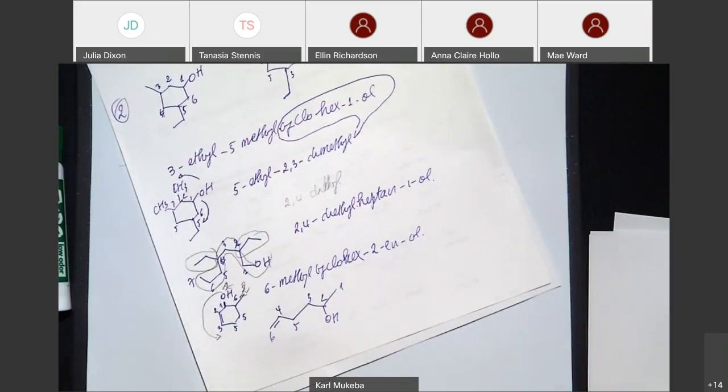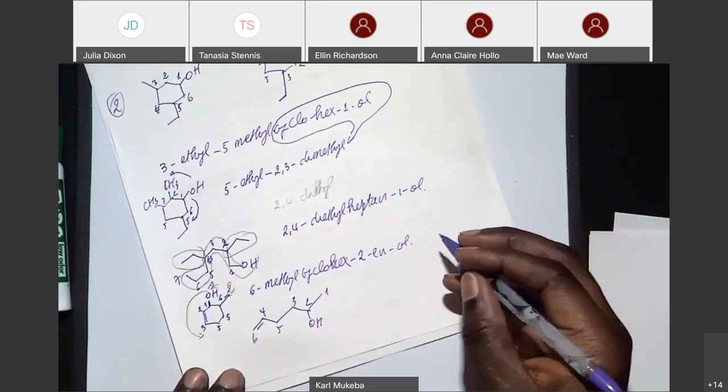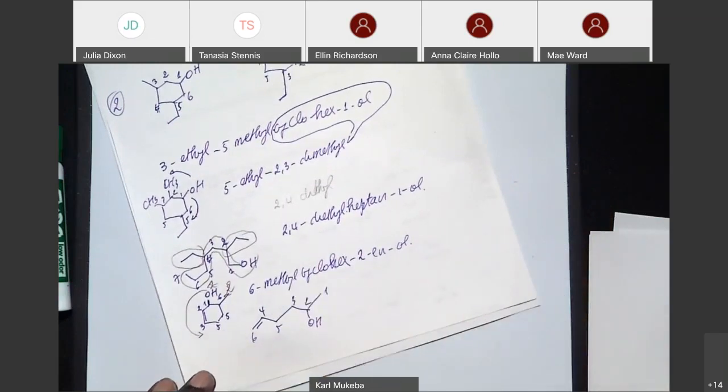We have 6 carbon. The OH is at the first position, yeah?